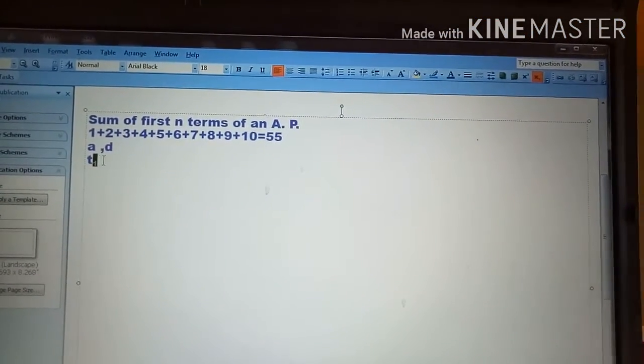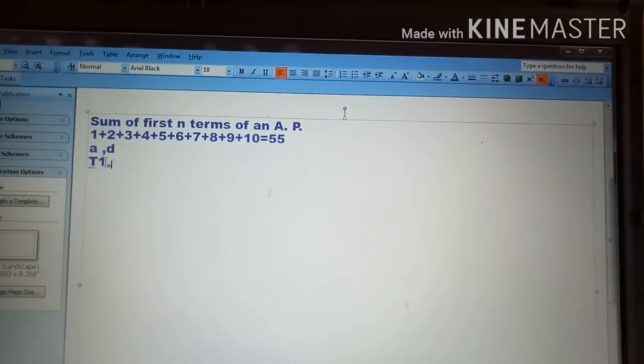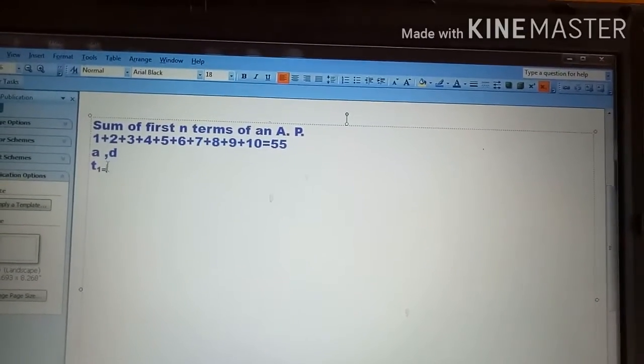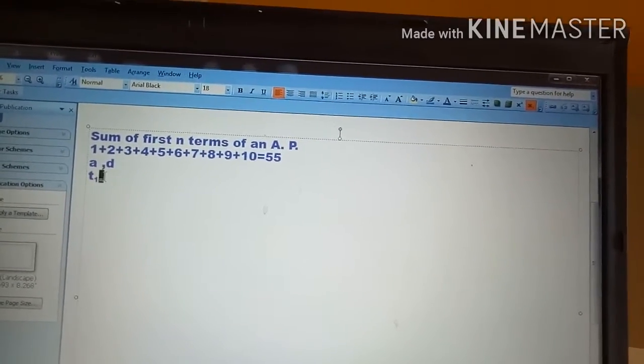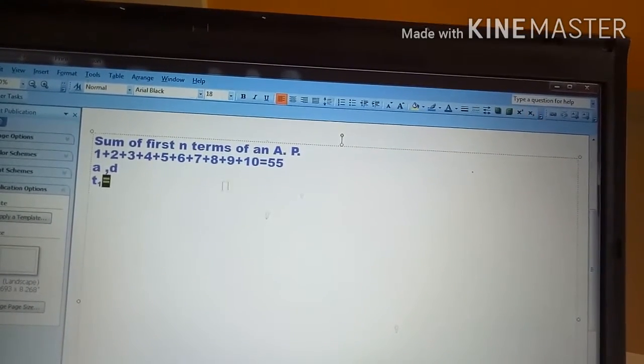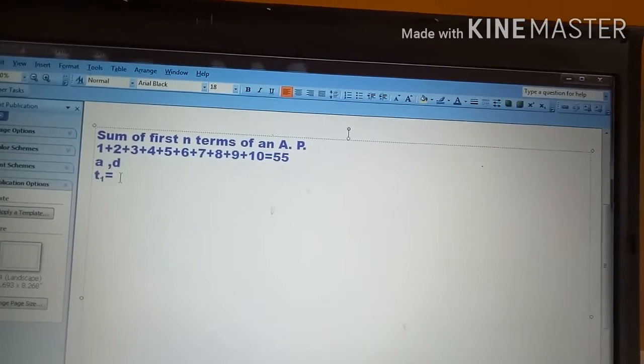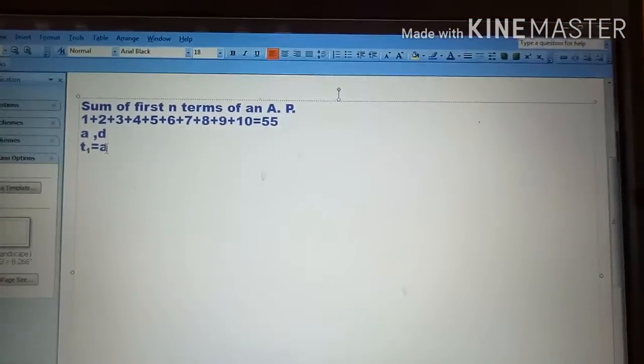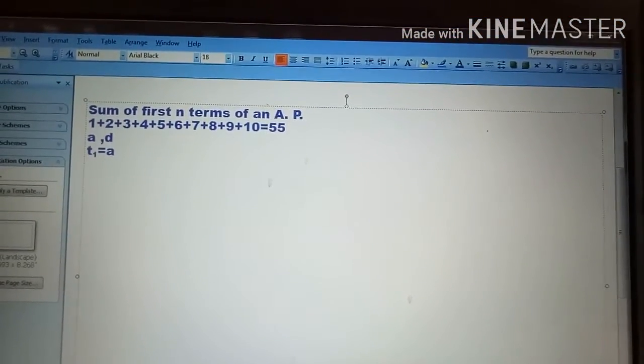If we take t1 as a, then what is the second term t2?